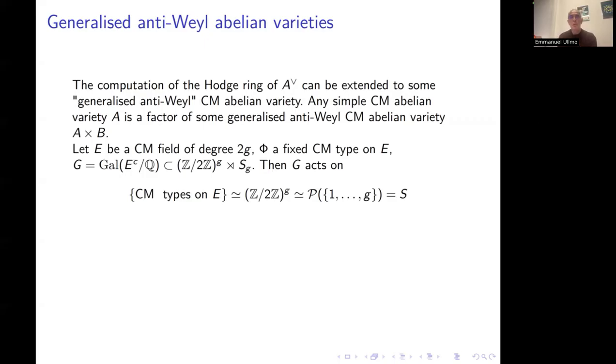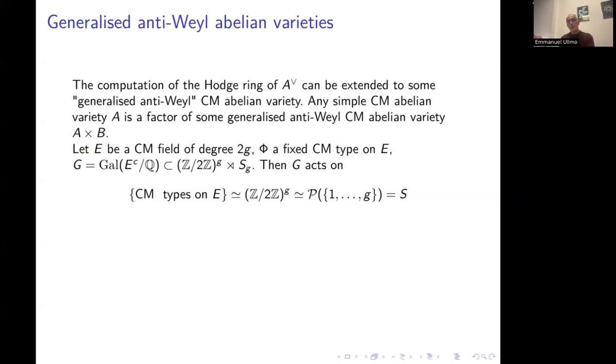Just to say a word, when you have a CM field of degree 2G, then the Galois group of EC over Q is smaller and contained in the Weil group (Z over 2Z) power G cross SG.